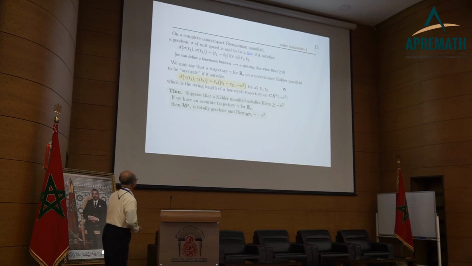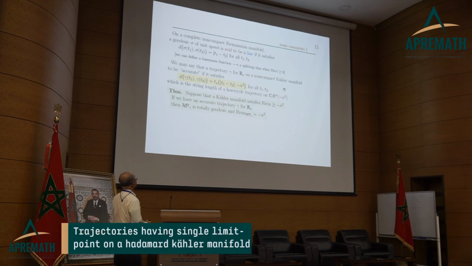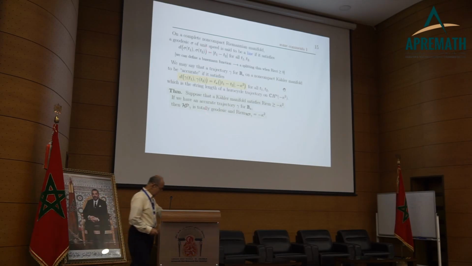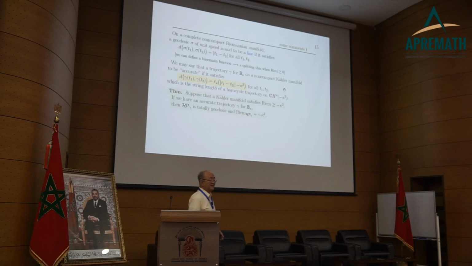If we have an accurate trajectory gamma for this magnetic field, then its total half body is totally geodesic, totally complex, and of constant sectional curvature. I hope this corresponds to this point. I think it is better to stop here.